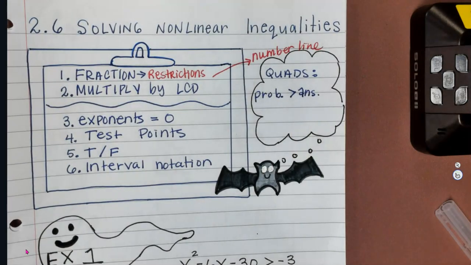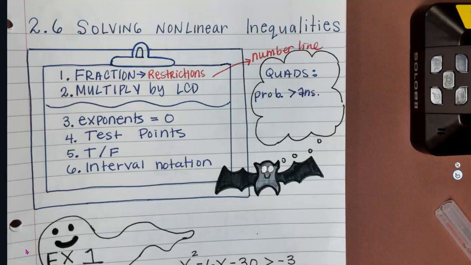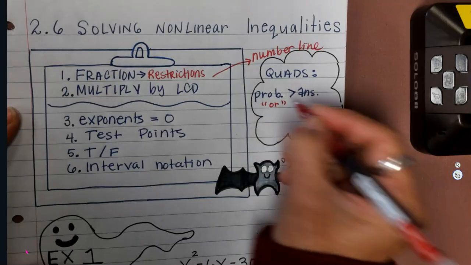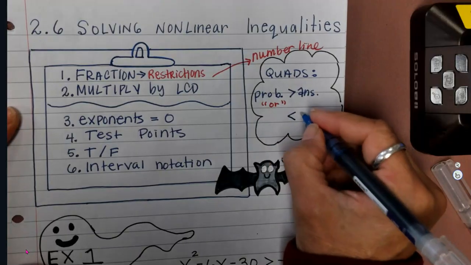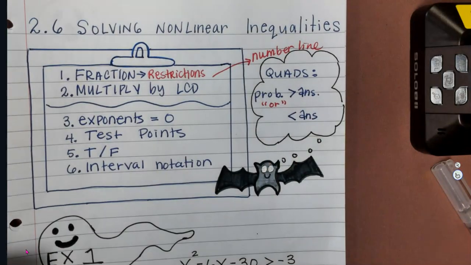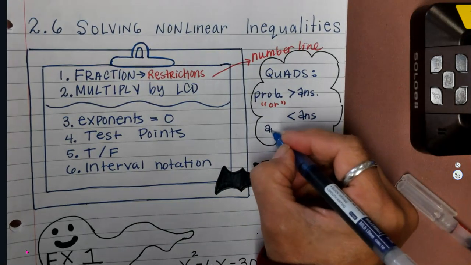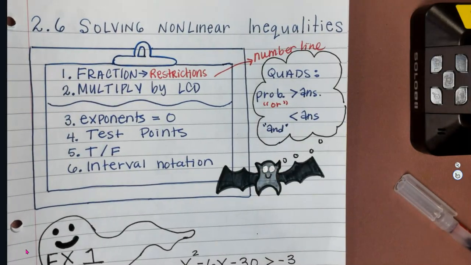If the inequality symbol is open towards the problem, it's considered an or statement. You're going to have two pieces. If it is open towards the answer, it's one piece, and it's considered an and statement. That's pretty much always the case.